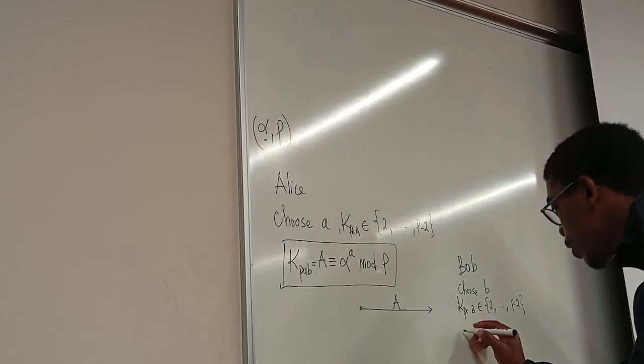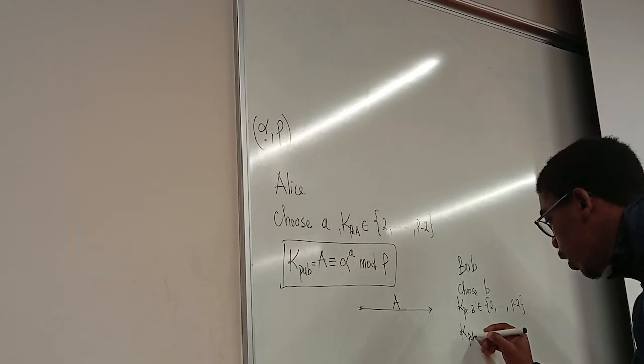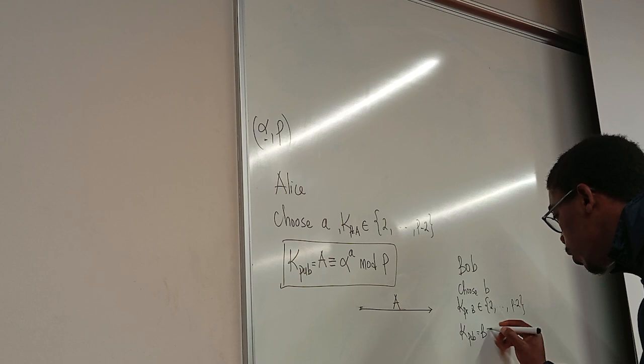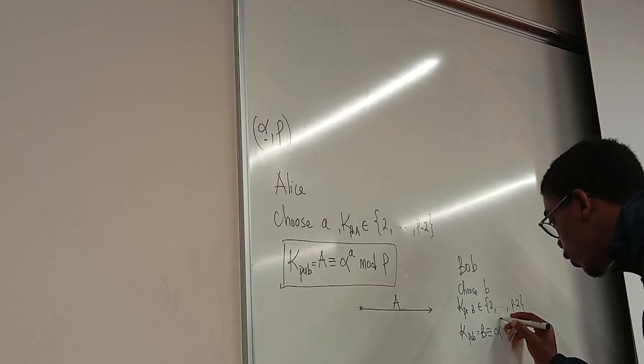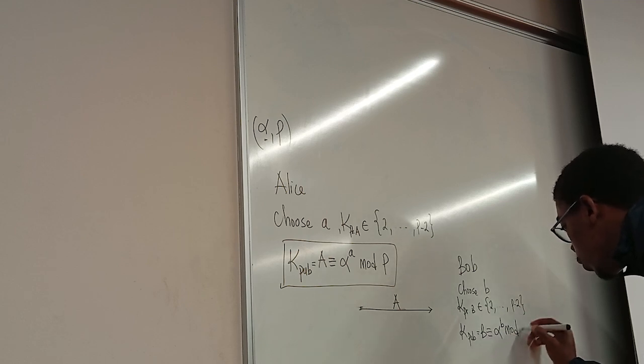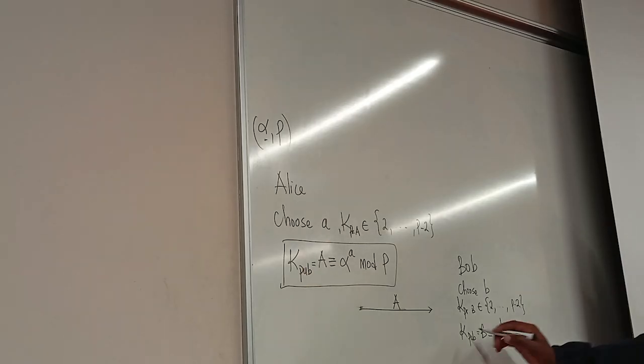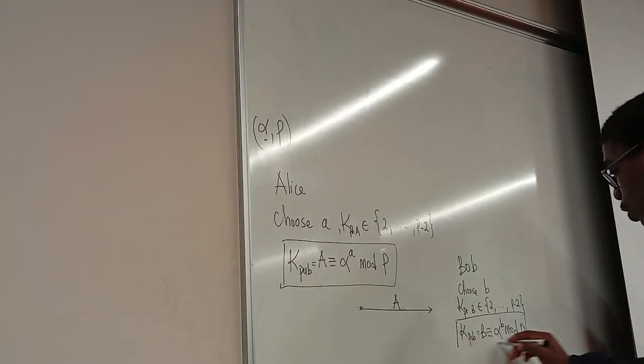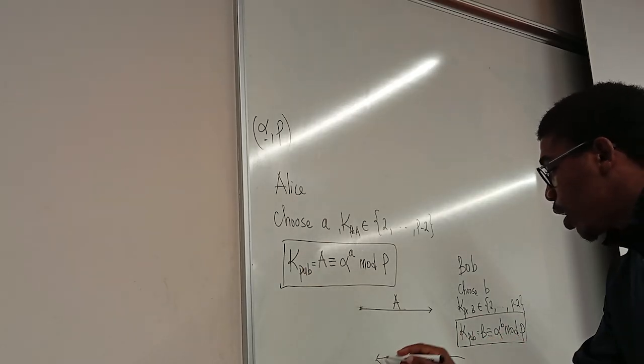Bob also computes his public key. We're going to call this B, which is congruent to alpha to the power of B mod p. So Bob also does this, and Bob sends this to Alice.